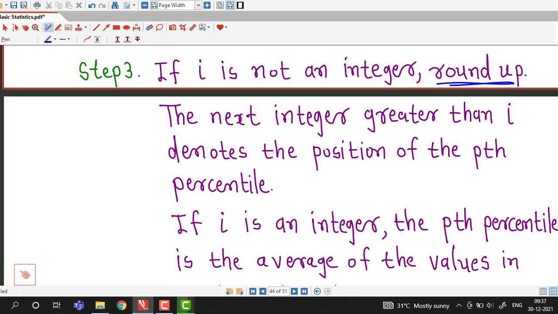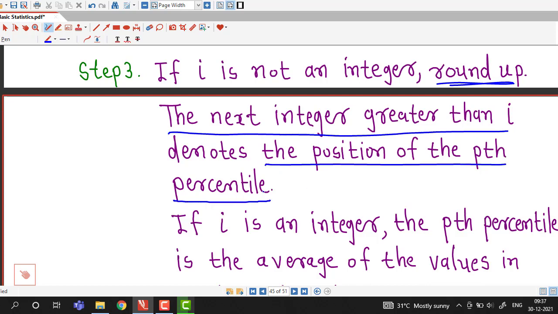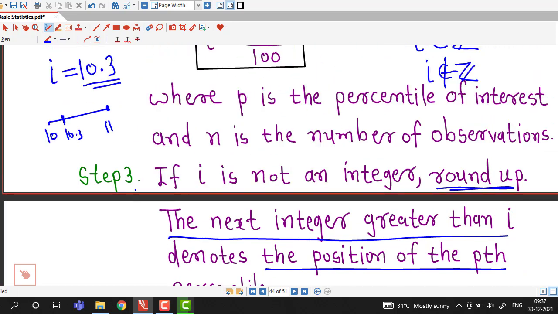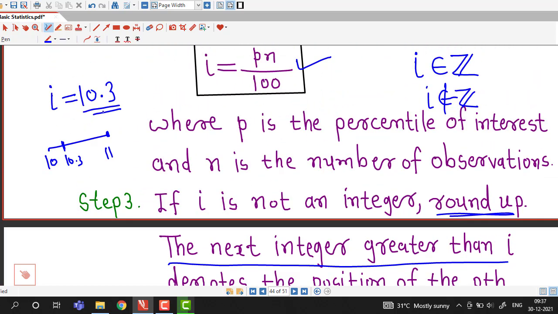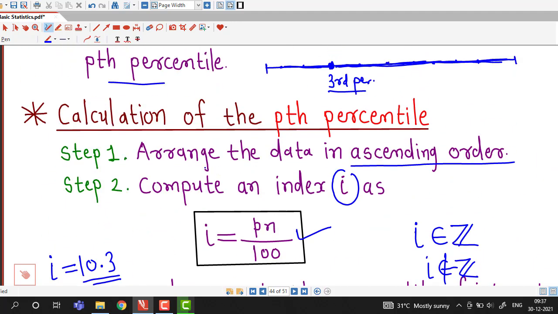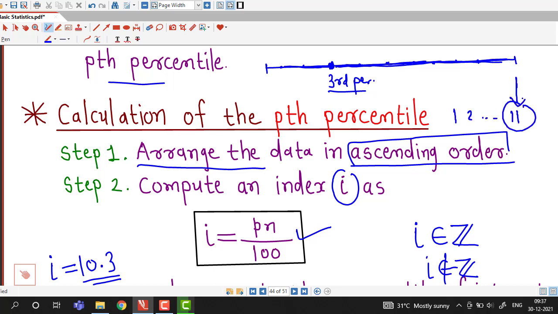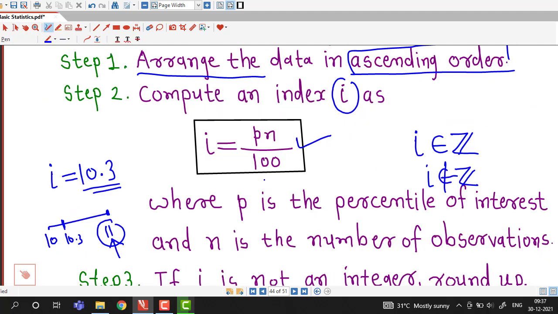That means find the next integer greater than I. That next integer denotes the position of the pth percentile. So if the next integer greater than 10.3 is 11, then the pth percentile is at the 11th position. We can count that position because we have arranged our data in ascending order. So we will look for the observation at the 11th position, and that will be our pth percentile.